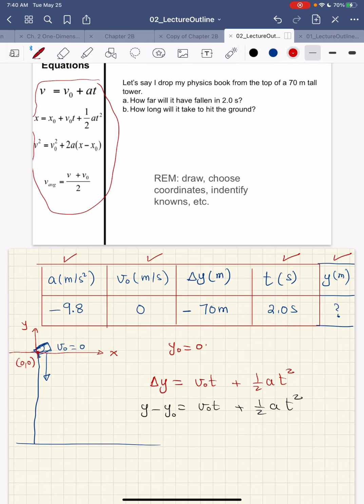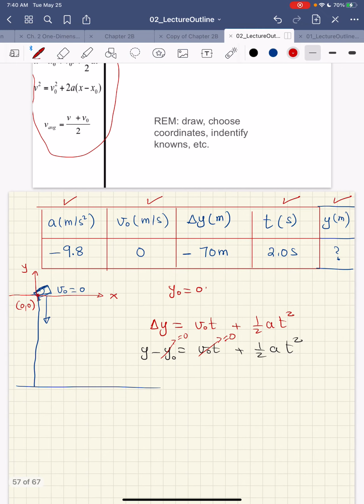Now this here is 0 and this one is 0 because the object was dropped. Then my equation for y is 1/2 at squared.